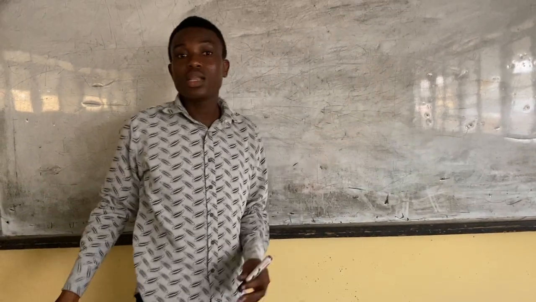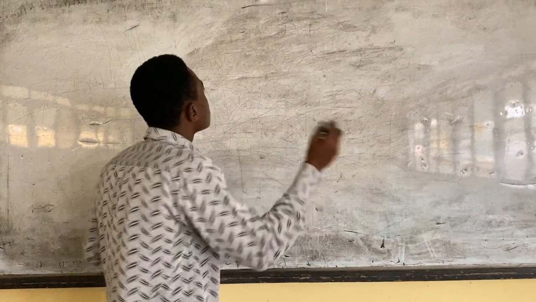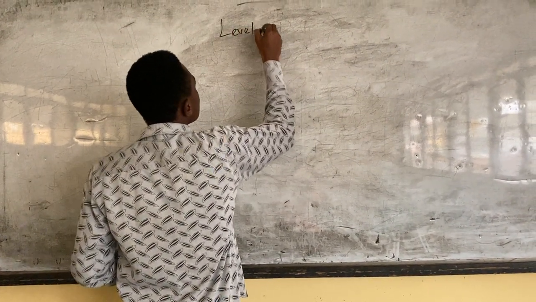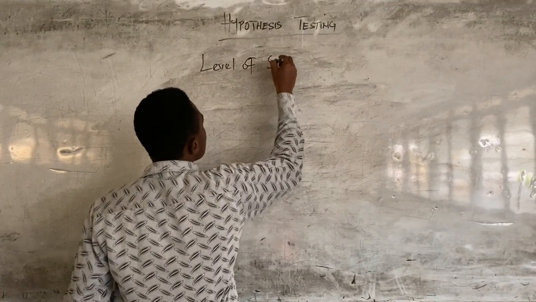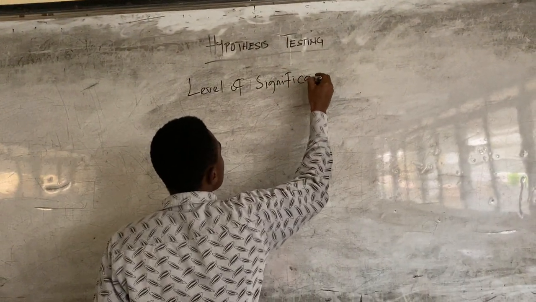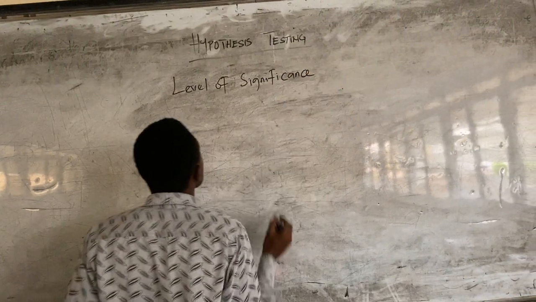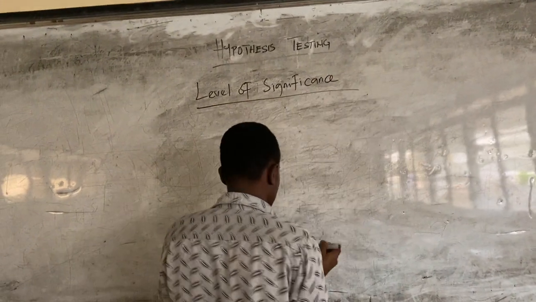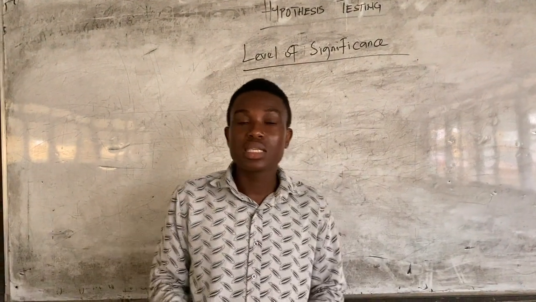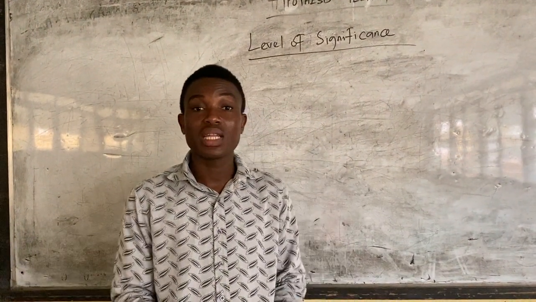Now let's look at level of significance. The level of significance is the maximum probability of committing a type 1 error.